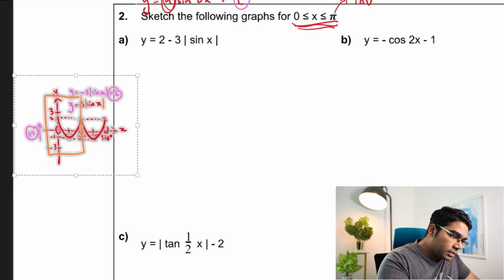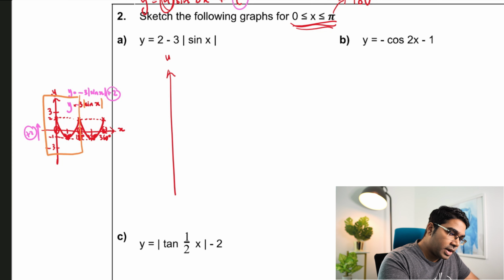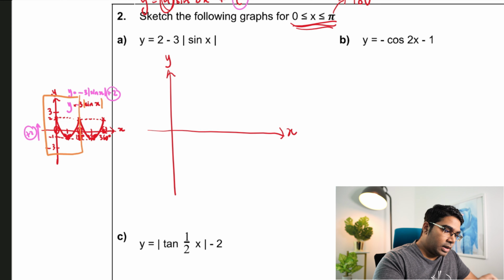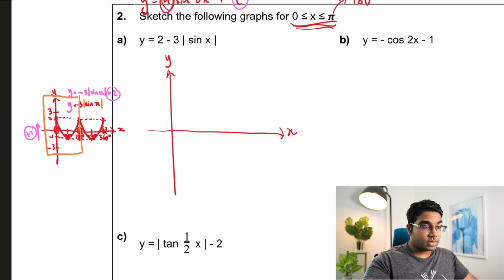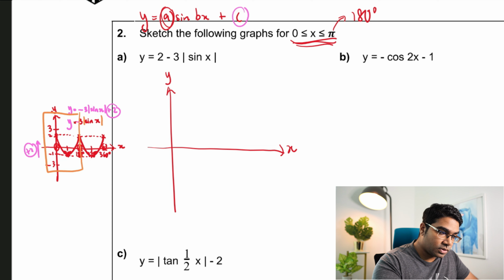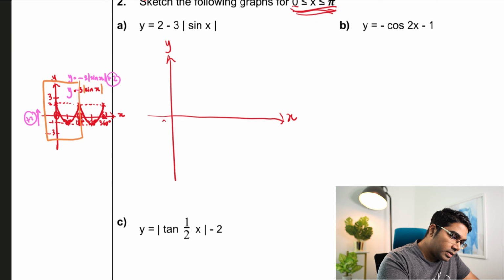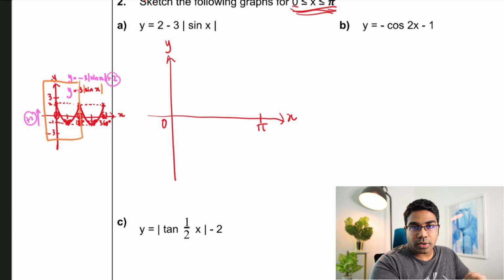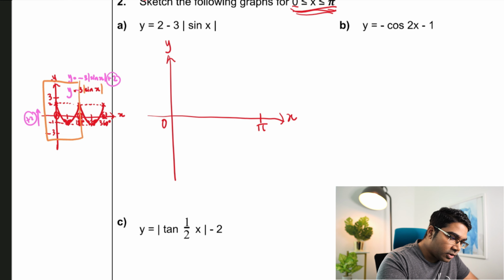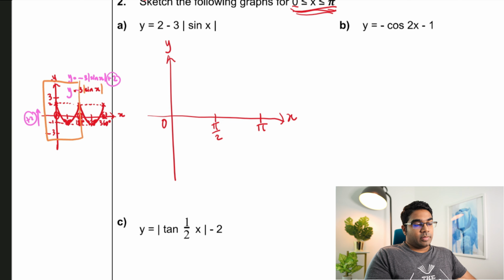The actual answer will be, we have y against x, and this time we are going to use radians because the question has asked us to draw for the range of x between 0 and pi radians. So we will put 0 here and pi. So the only other important angle in between will be pi over 2, which is 90 degrees. And that's all we need to label.